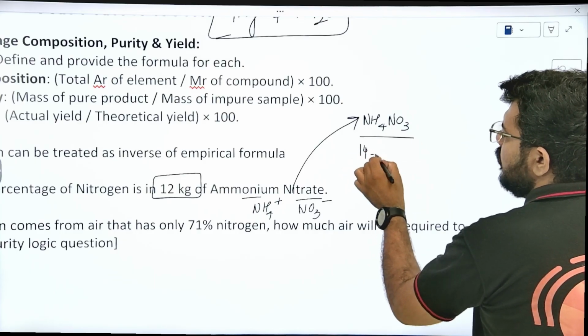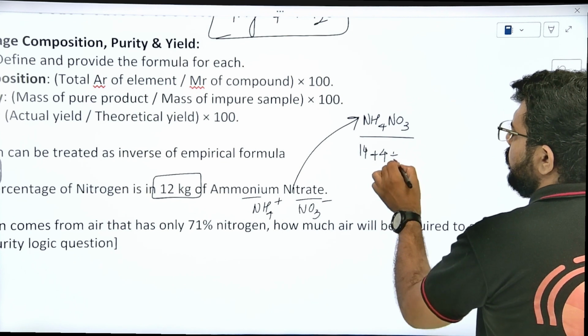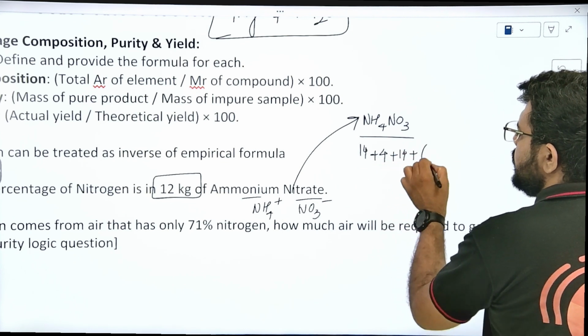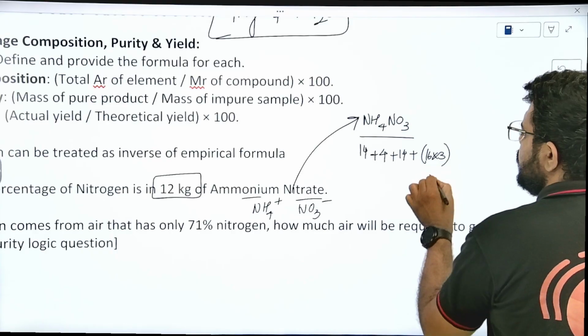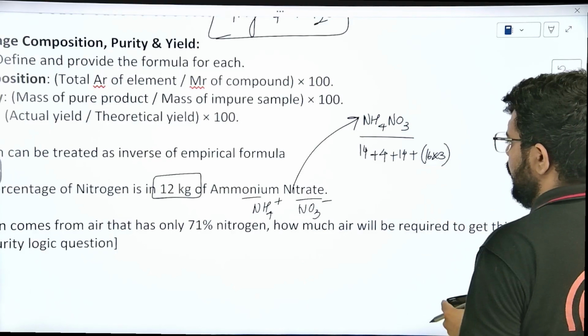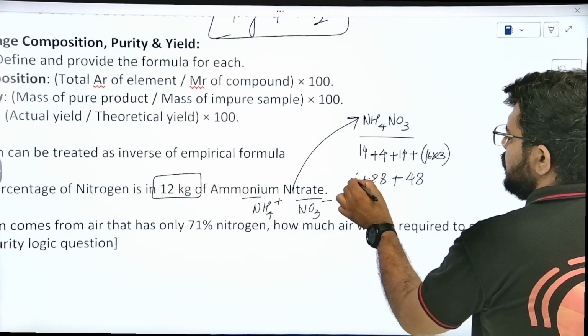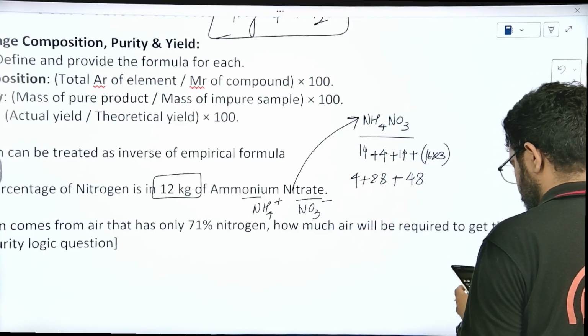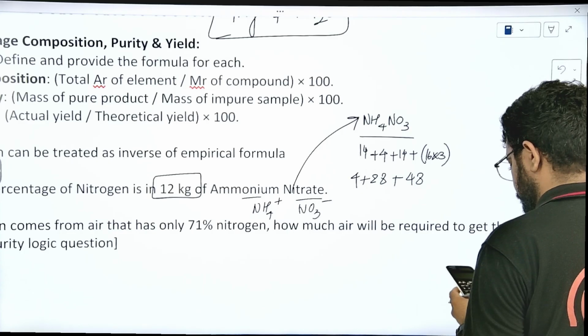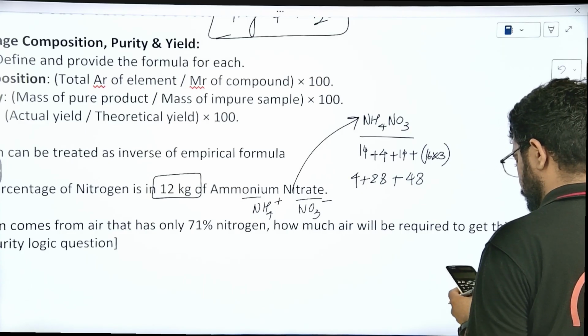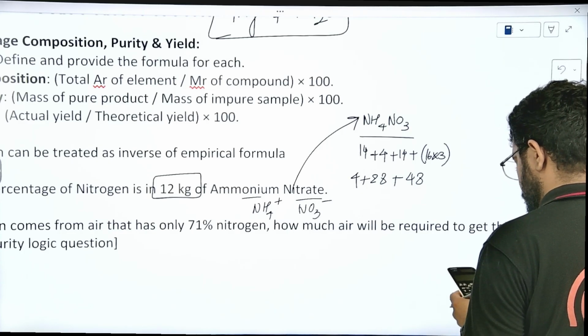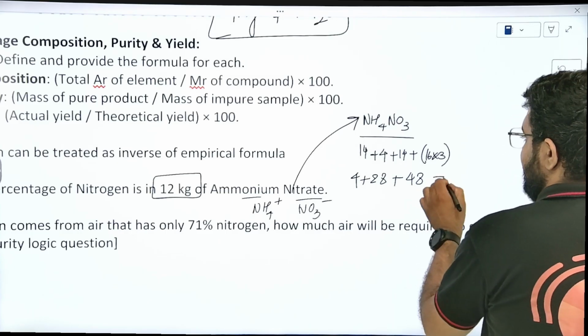We have 14 plus 4 plus 14 plus 16 into 3. 16 threes are 48, I think. 4 plus 48 plus 28 is 80.